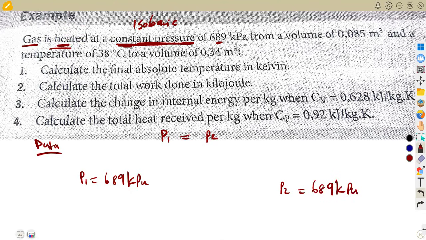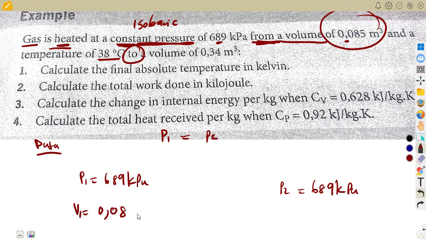So it was heated from, this is initially your initial point. Initially our volume is what? The volume was 0.085 cubic meters, and the temperature 38, like I said, you just have to add 273.